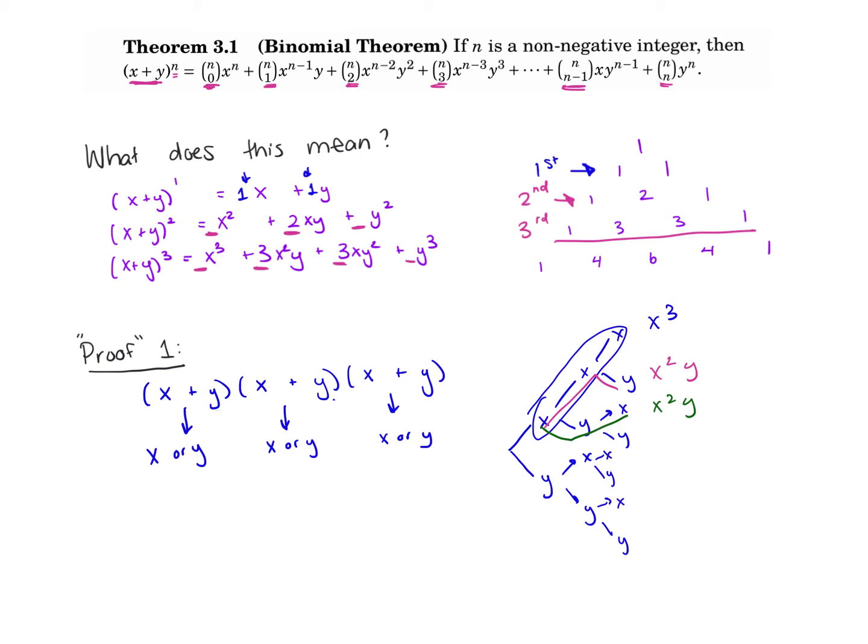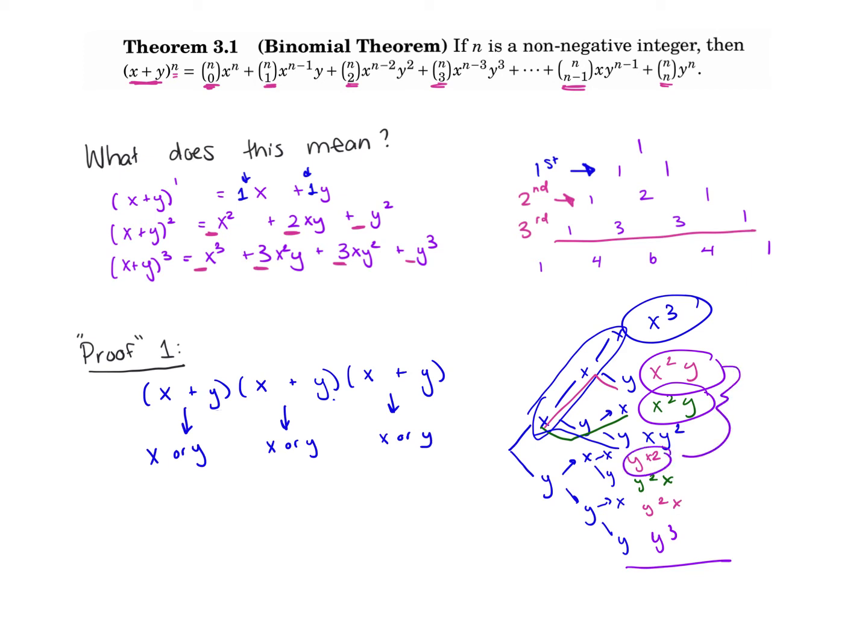And then I get an x y squared, a y x squared, a y squared x, a y squared x, and then a y cubed. And then I'll just put all of these terms together. So I've got one x cubed, I've got x squared y, and then another x squared y.